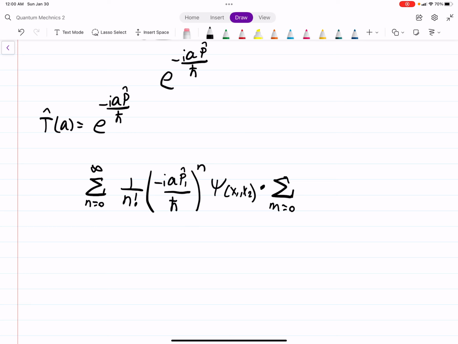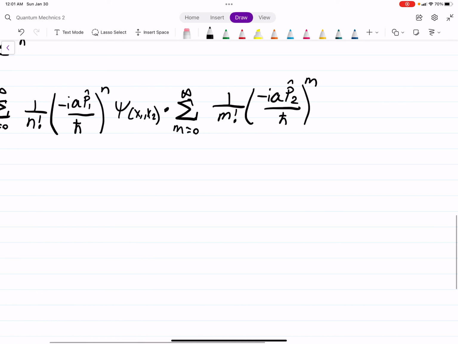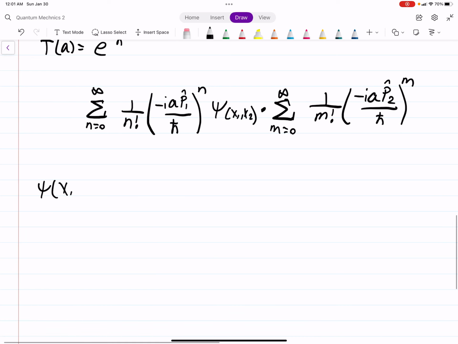We're going to use a different variable, so m equals 0 instead of n, but fundamentally the same idea. And this would be p2 over h bar to the mth power. So, once again, you get a psi of x1 comma x2.